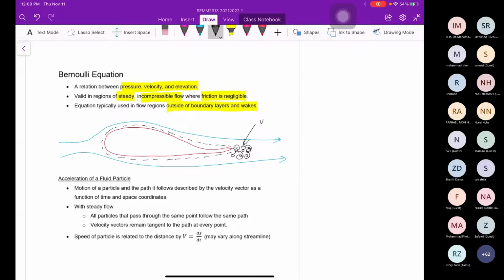So this wake is not eligible for the Bernoulli equation. But this region, this very smooth region, is good for the Bernoulli equation.